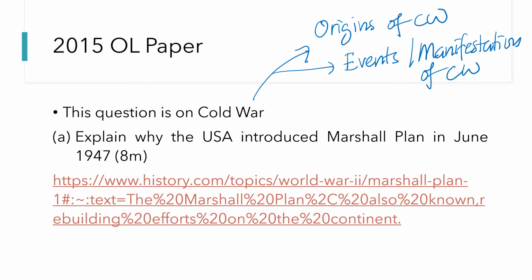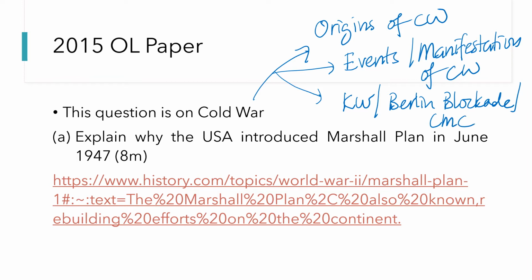And they can ask you very specific events, okay, like Korean War, like Berlin Blockade, and what we are doing today, actually, the Cuban Missile Crisis. All right, so every time, take note, decide on what kind of questions you have revised, and do the best. Choose the best question, actually.